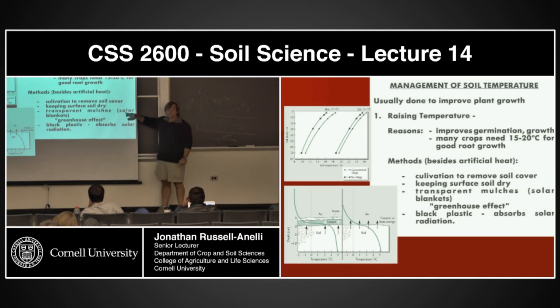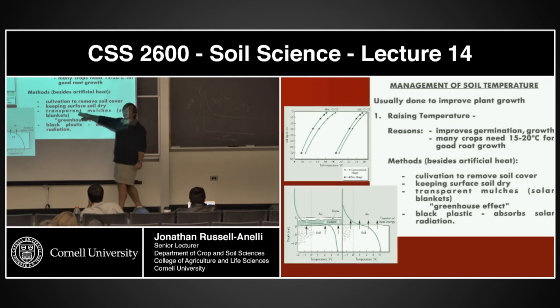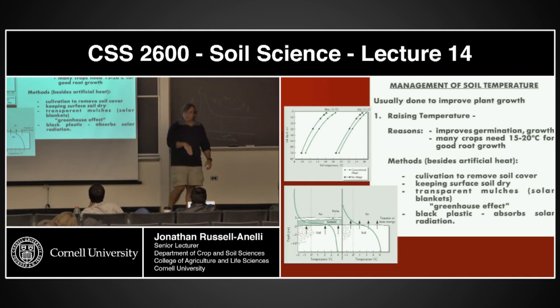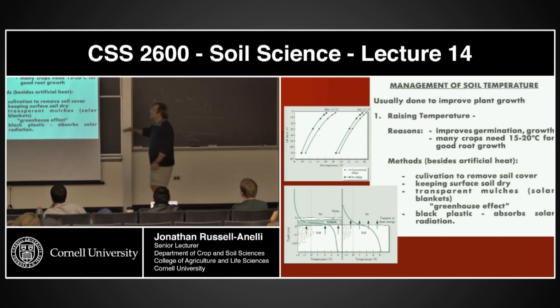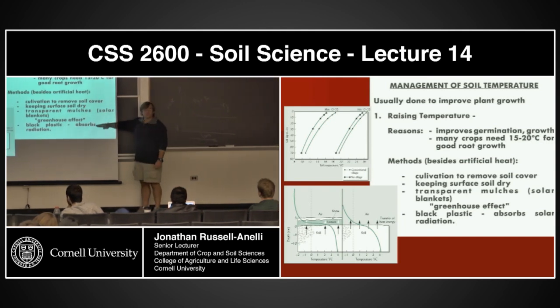I want to mulch it, but I want to use a specific kind of mulch. I want to have a transparent mulch, a mulch that's not going to prevent the long wavelengths from going into the ground, but is going to prevent the short wavelengths from re-radiating. Basically, I want to put a greenhouse in, basically making a pseudo greenhouse effect. Black plastic also, I can also heat up the material by increasing the amount of absorption.